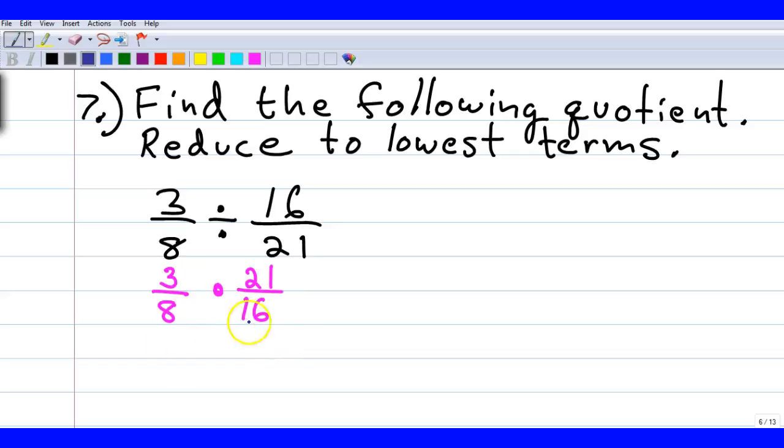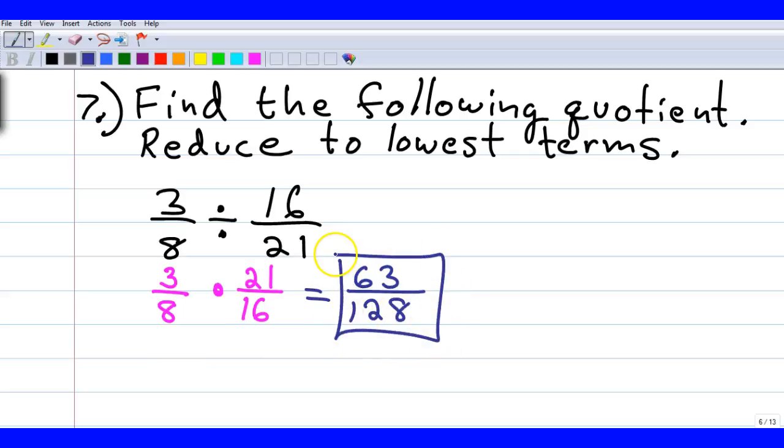So when I multiply these two together, I know that my answer is going to be in its lowest terms. So I'll multiply across. I have 3 times 21 to get 63, and 8 times 16 to get 128. And this will be my final answer.